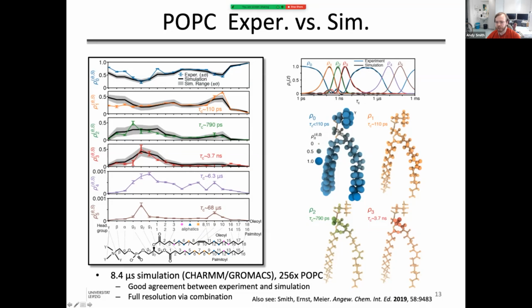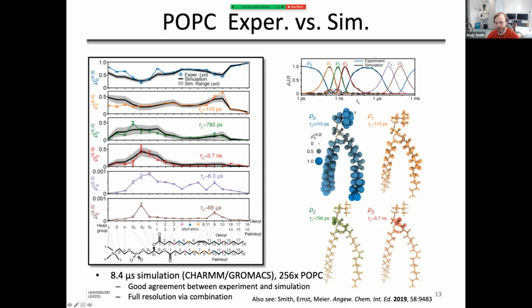Now I can check in the MD and I can tell you that almost all of this motion in rho 0 is less than 100 picoseconds. That's why I say that's less than 100 picoseconds. In reality, a little bit of the glycerol backbone here is coming from this part of the window here. But for the most part, we say this is fast motion.